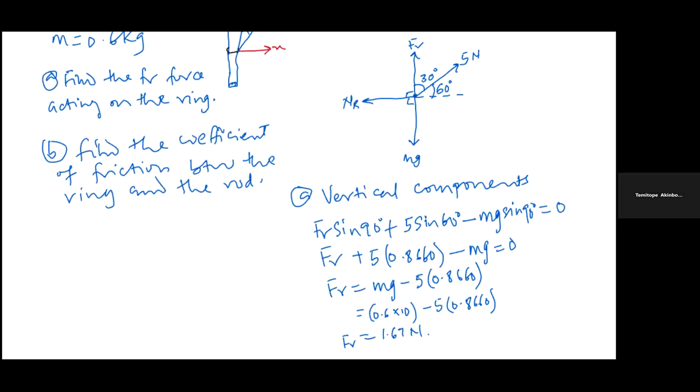Downwards. So that's it. If the 5 Newton force is not there, the ring will not be able to stay, no matter how rough the rod is. Do you get that? Yes. Because the force of gravity will be so much influential on it.